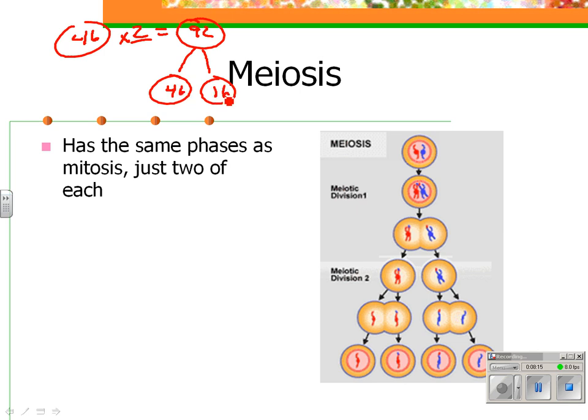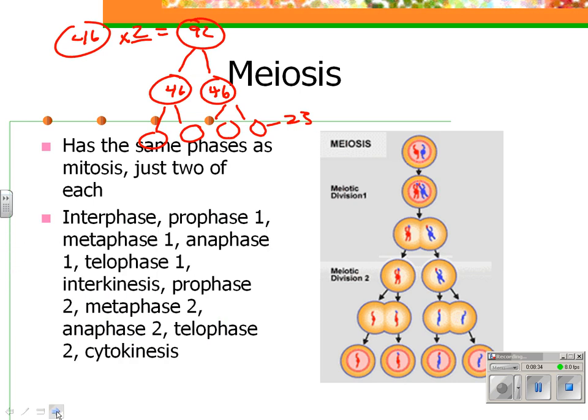We're using humans as an example. Meiosis works the exact same way, except there's another division, so that each one of these cells will have 23. There's a whole other division. And I've listed here for you the phase names, and it's not that important. They just add ones after the names.